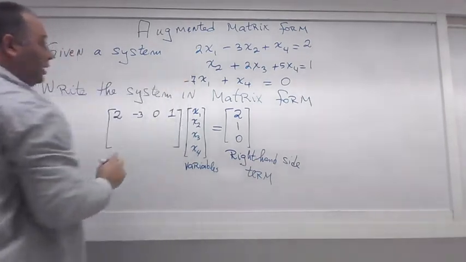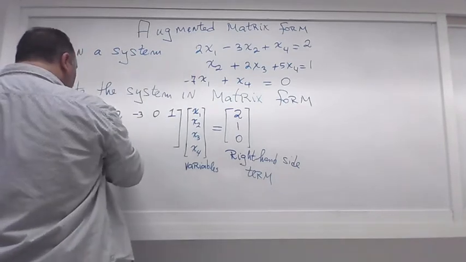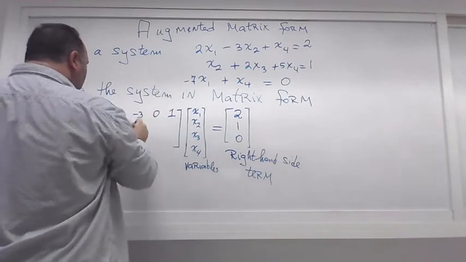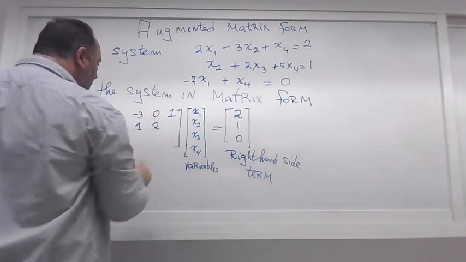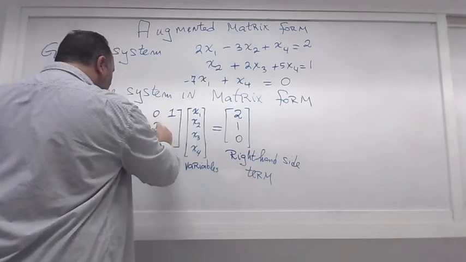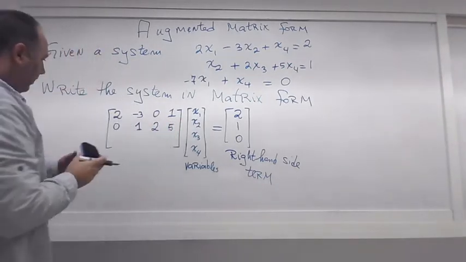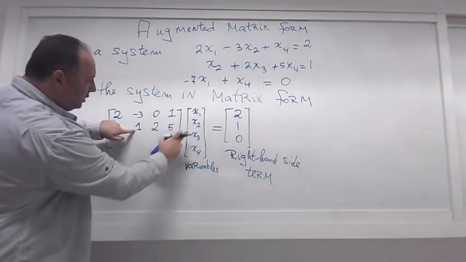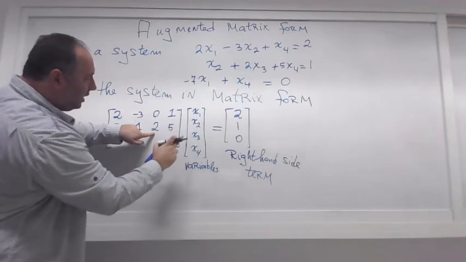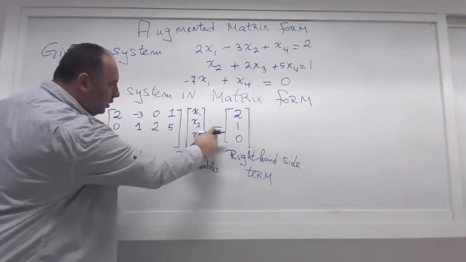So let's go for the second one. In front of x1 is 0 because it's 0 times x1. And then in front of x2 is 1. In front of x3 is 2. And in front of x4 is 5. So I have 0 times x1 plus 1 times x2 plus 2 times x3 plus 5 times x4 equal to 1.